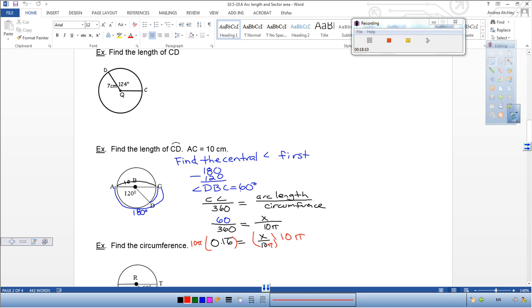And just times that by 10 pi. And so my arc length is 5.24. And then this would be 10 meters. Any questions over that?